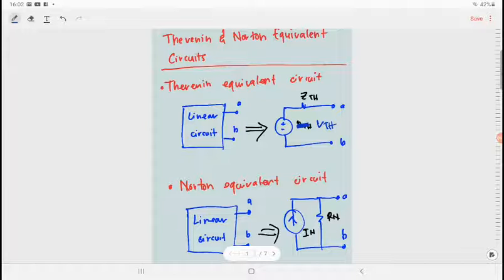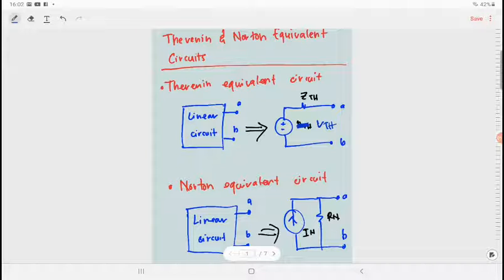So your VTH must be in series with your ZTH. So this is our Thevenin equivalent circuit. That means whatever our linear circuit can be represented with your VTH and also ZTH, right?